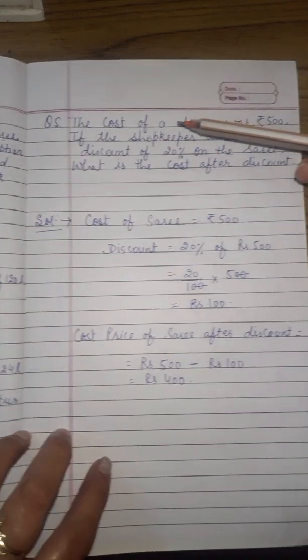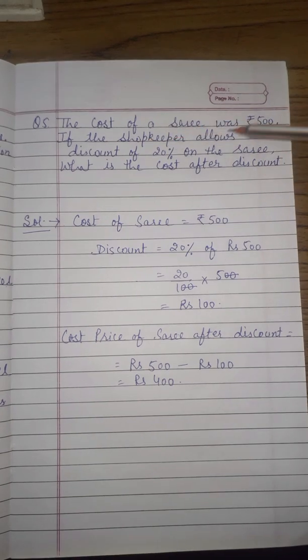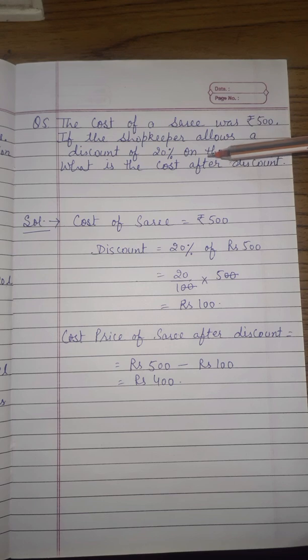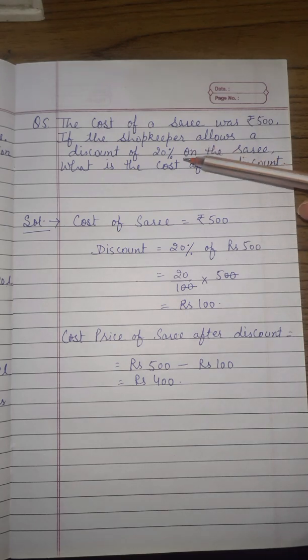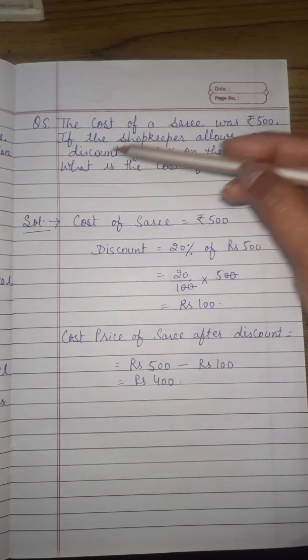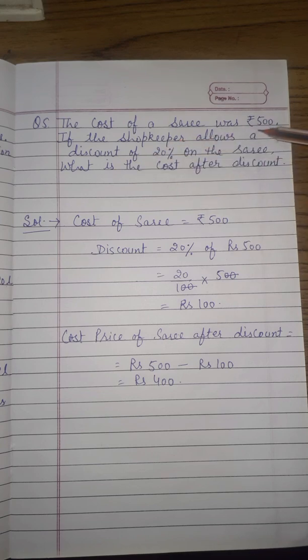In the last question, question number 5, the cost of a sari was rupees 500. If the shopkeeper allows a discount of 20% on the sari, then what is the cost after discount? Here again the concept of percent less than the given amount is used. We know that discount is always decreased from the cost.